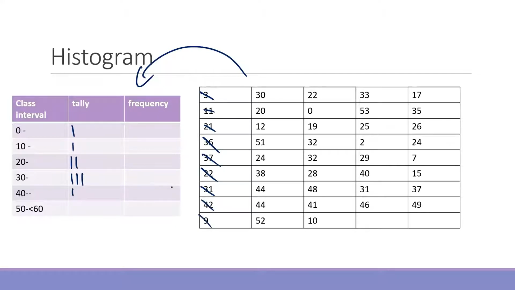Something that I'm going to draw your attention to is that as I do this, I am crossing the value off on the right. The reason I'm doing that is because I don't want to double count something.